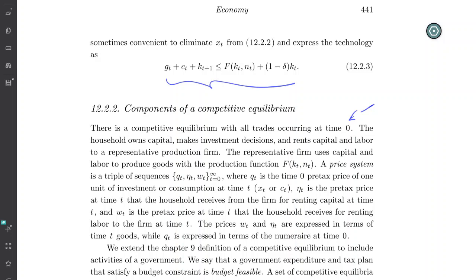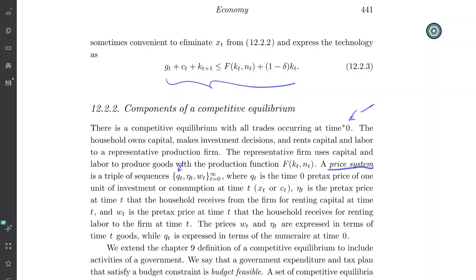Okay, so the way we're going to do this, this isn't the only way you could do it, but it's kind of convenient. We're going to define a price system now, and it's going to be a triple of sequences. There's going to be this Q, where Q we saw from chapter 9. I'm going to omit the 0 here because I'm lazy.